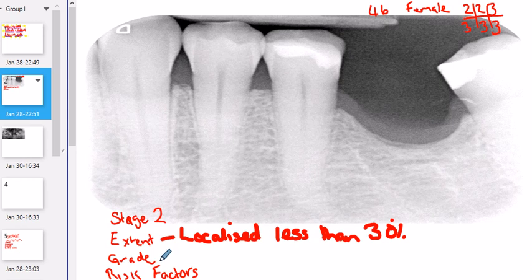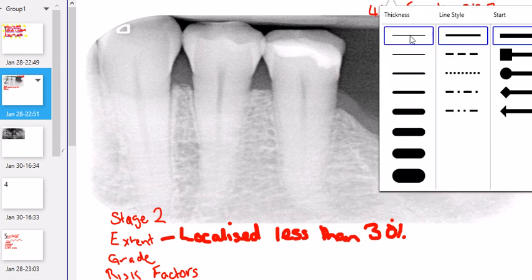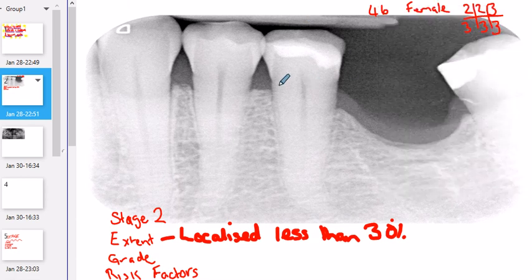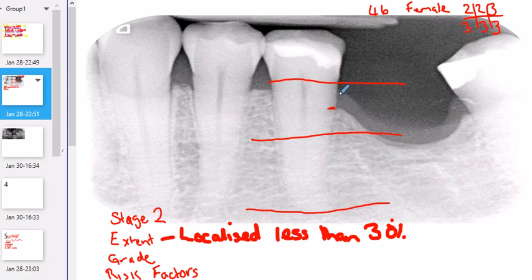Now we need to grade it. To grade it, we take this most affected tooth and work out the percentage of bone loss. If I look at this tooth, we'll say that is approximately the bone level. We'll take this as 50%, and that would be 100% down there. So if I look at this area here, I'm going to say there's 25% bone loss.